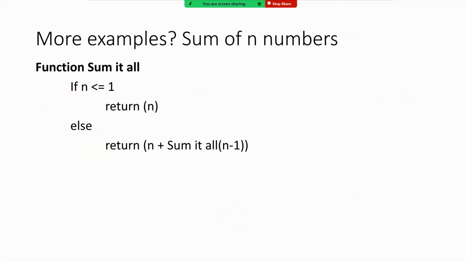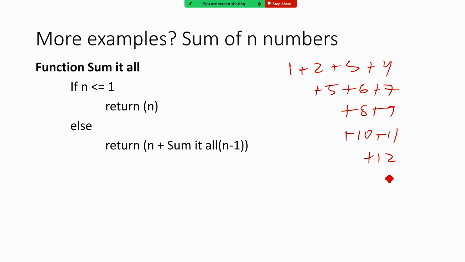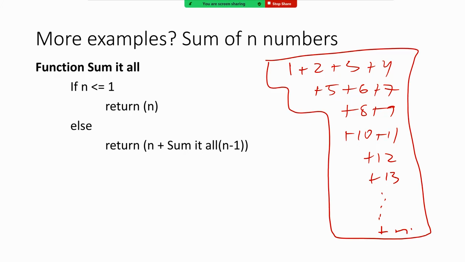This is the sum of n numbers, the first n natural numbers. So if I have 1 plus 2 plus 3 plus 4 plus 5 plus 6 plus 7 plus 8 plus 9 plus 10 plus 11 plus 12 plus 13 all the way up to plus n, what would the recursive definition of this look like?